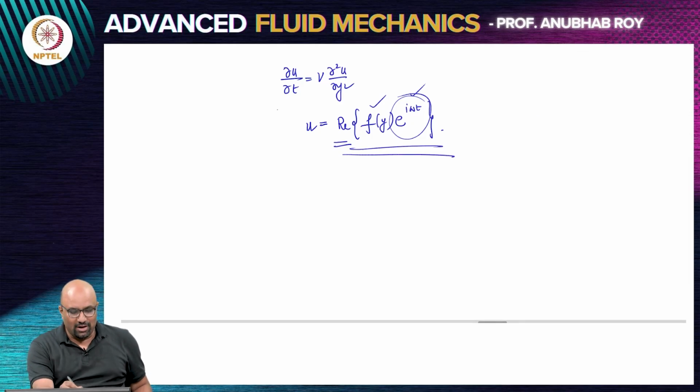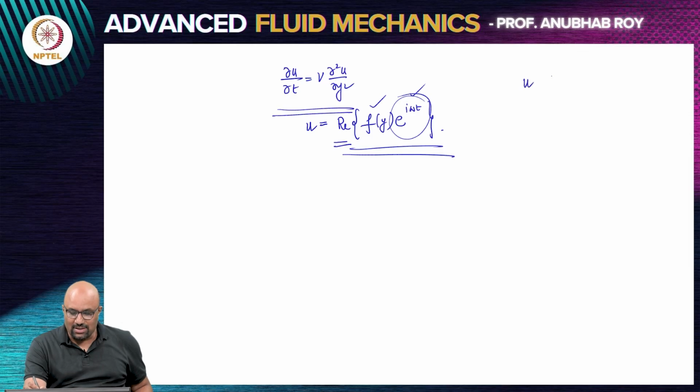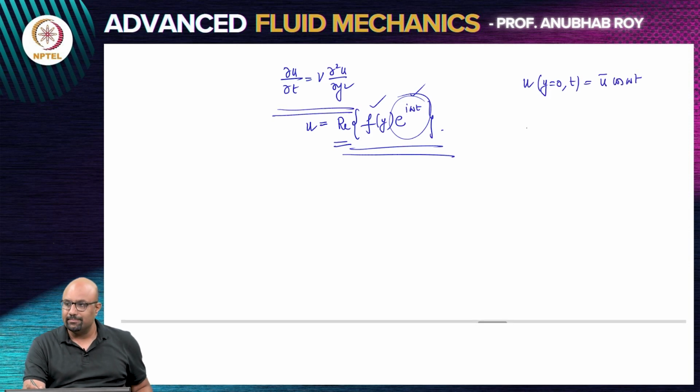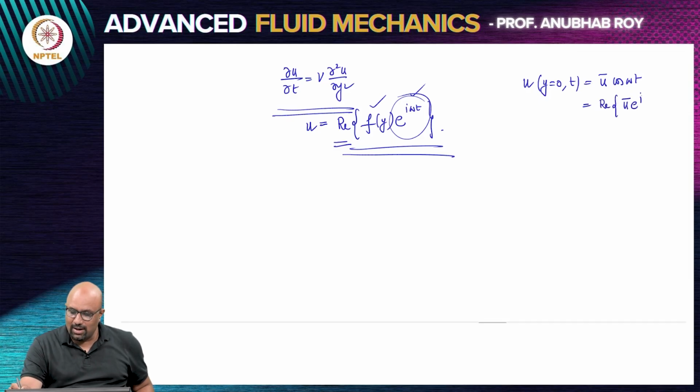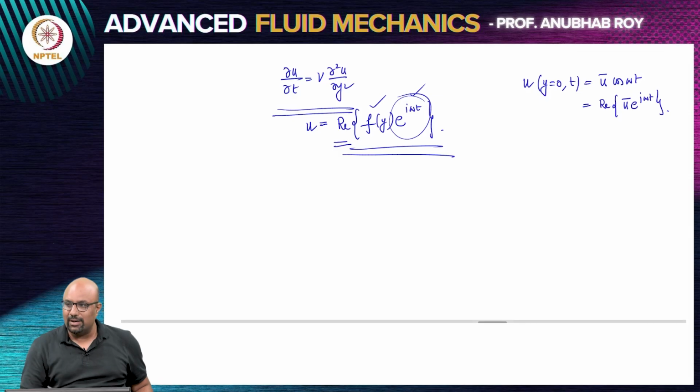You have a differential equation here which has a forcing where the boundary condition is u at y equals 0 for all time is u bar cos omega t, right? So what do I write this as? I can write this as the real part of u bar e to the power i omega t. It's the same language, right?